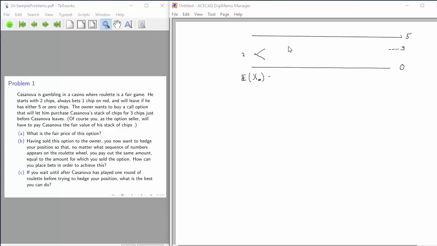The expectation of x infinity also has to equal 2, because a necessary condition for any martingale is that the expectation of the sequence of random variables stays constant. So he's either got 5 chips or he's got no chips. The expectation is 2, and therefore the probability that he will have 5 chips is going to have to equal 2/5.